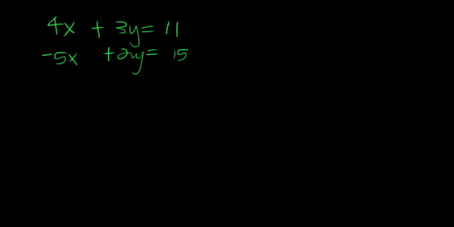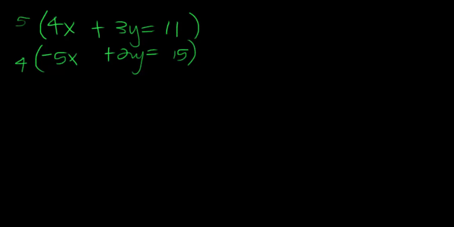So if I'm going to choose x, I need them to be the same number and different signs. So the bottom equation is 5x. That means I'm going to multiply the top by 5. And the top equation has an x value of 4x. So I'm going to multiply the bottom one by 4.